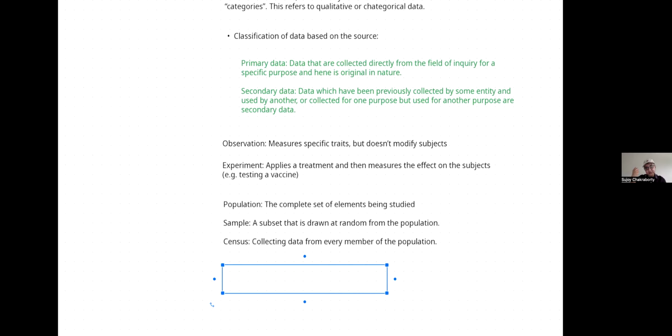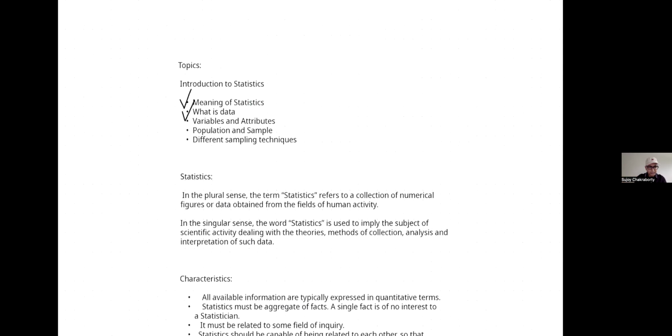So the quantity that we compute from the sample is what we call a statistic, and by computing the statistic we try to estimate the parameter of the population. All right.